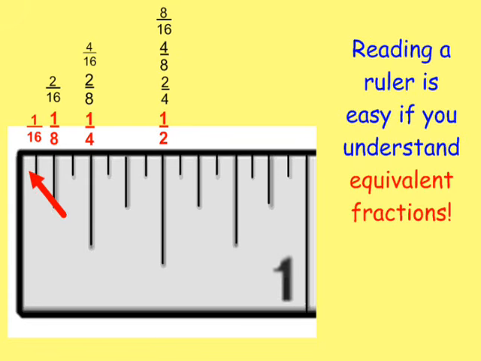And then the smallest lines here are your 16ths of an inch. This is 1/16, 2/16, 3/16, 4, 5, 6, 7. This is 8/16, which is the same as a half. This is 9/16. So the largest line is your 1/2 inch, then 1/4 inch, 1/8 of an inch, 16th of an inch.